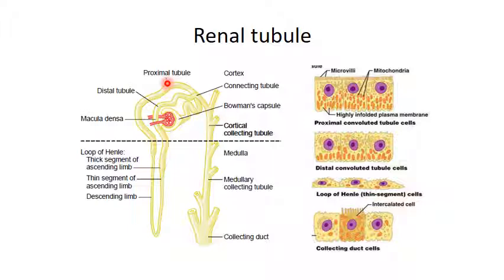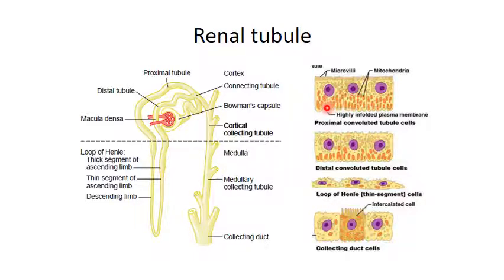The proximal convoluted tubule is a 15 millimeter long tubule and it is lined with a ciliated simple columnar epithelium. It is the part of the renal tubule where maximum reabsorption of glomerular filtrate takes place. Around 60 to 65% of water and solutes present in the glomerular filtrate are reabsorbed from the wall of the proximal convoluted tubule.